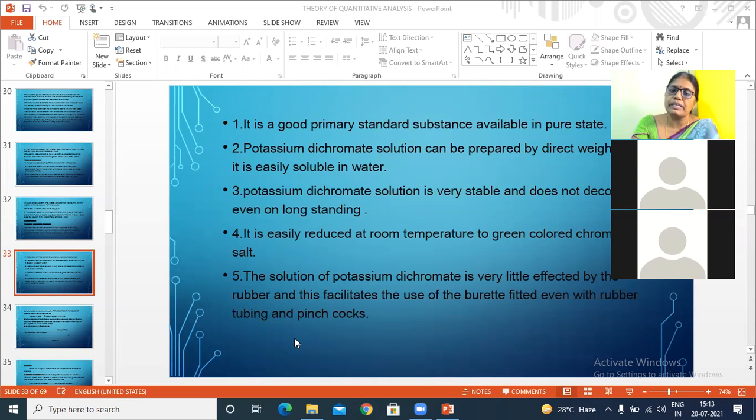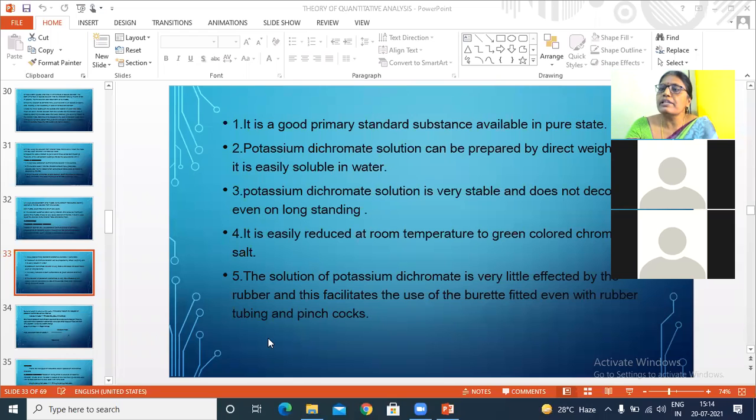For permanganometric titrations, we have to take some precautions when we perform the titrations. But such precautions need not be taken with dichromate, because it is a primary standard substance, the weighing is easy, it is easily soluble in water, and it does not decompose even though we store the solution for a long time.